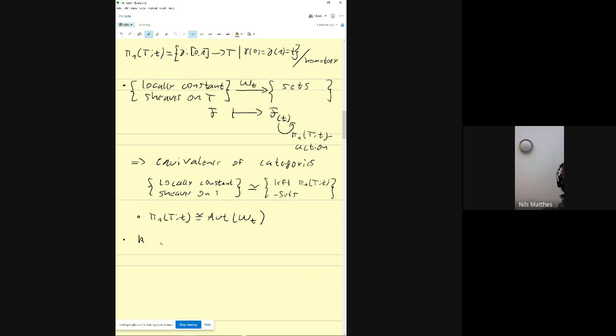So we have K, a field of characteristic 0. And we'll be looking at a smooth and geometrically connected variety.